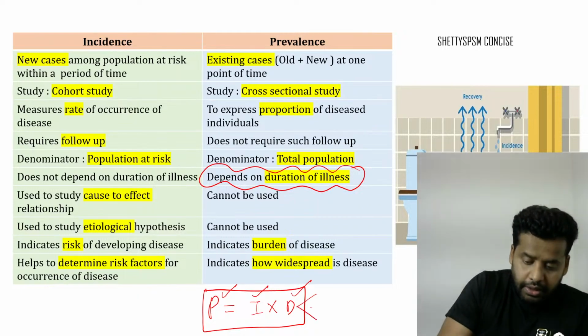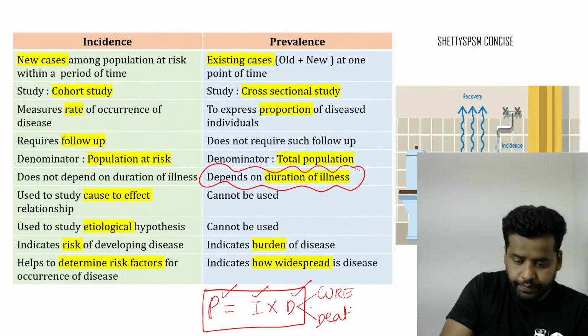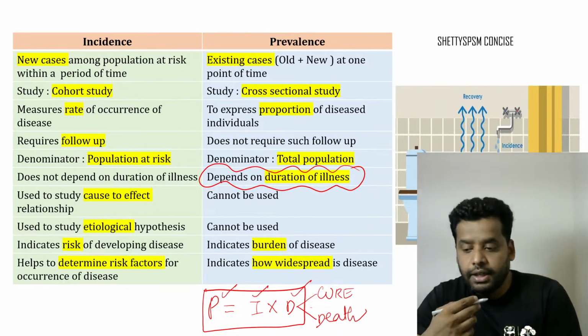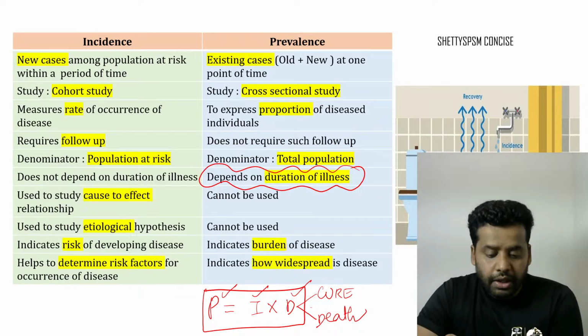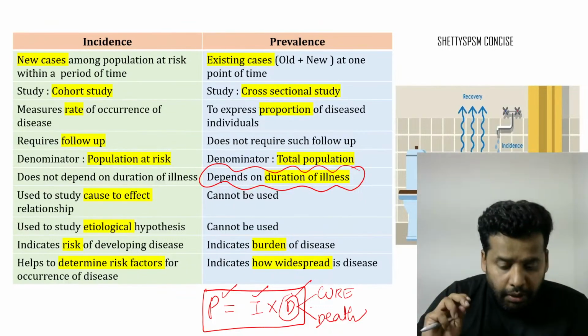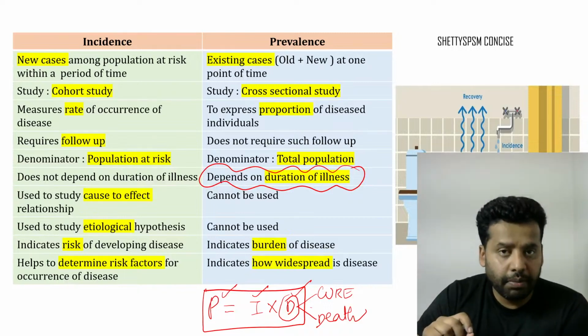Duration of illness depends on two factors, cure and death. If I am asking duration of illness depends on how many factors? Two. Tell me the factors on which duration of illness depends.